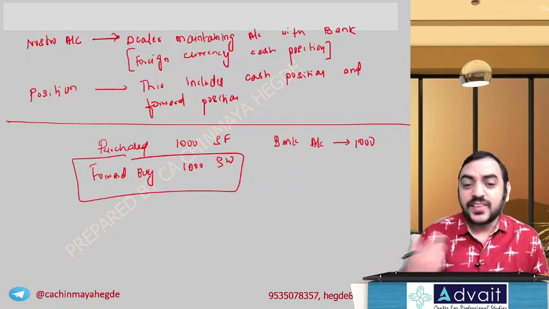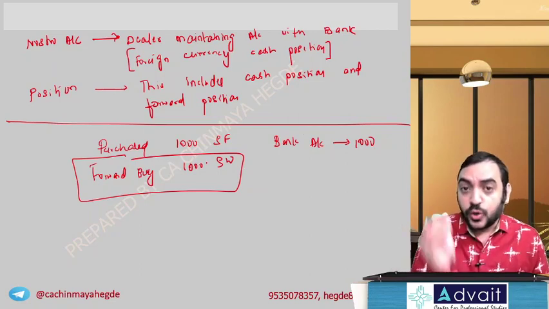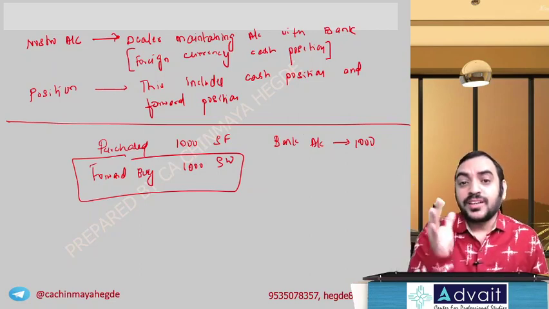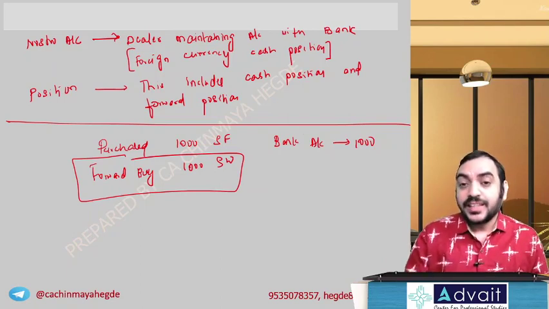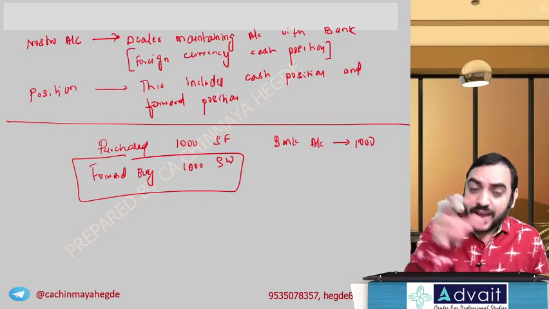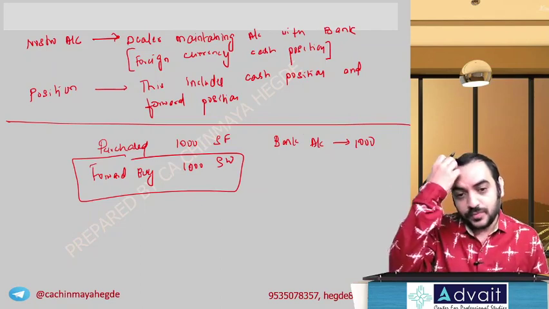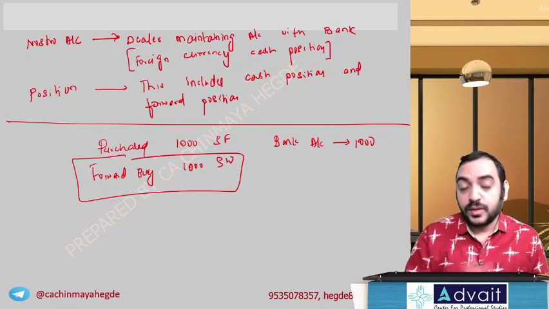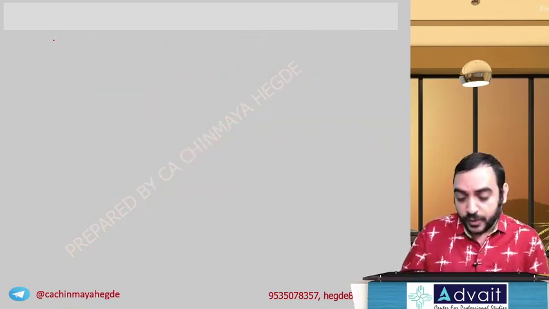That's what we call the exchange position. The Nostro account only talks about the cash in hand, that is the bank balance maintained, whereas the exchange position is a combination of the bank balance in the Nostro account as well as the forward contract. I hope you got the overall point. Let me tell you once more. We have to maintain two ledgers now.